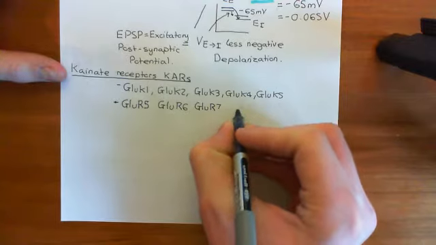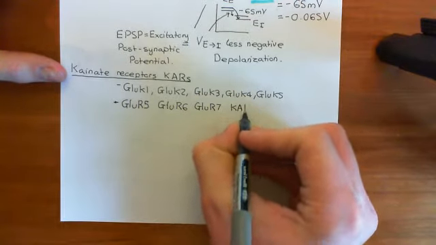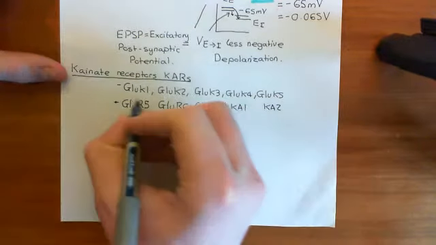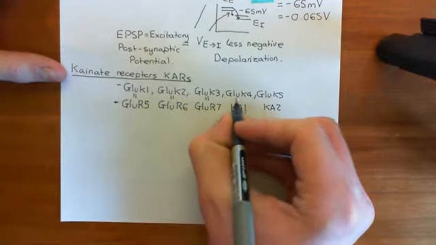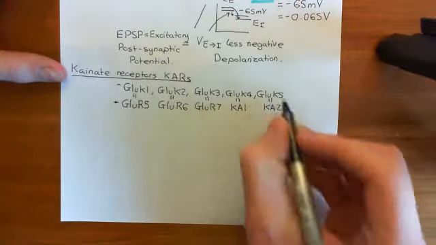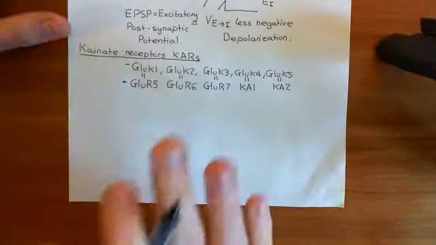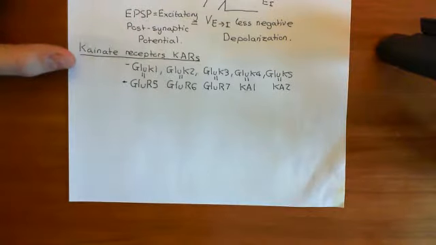Finally, GluK4 and GluK5 used to be called kainic acid 1 and kainic acid 2. Those are the old names, and certainly if you read older papers and older reviews, you will see these old names used.